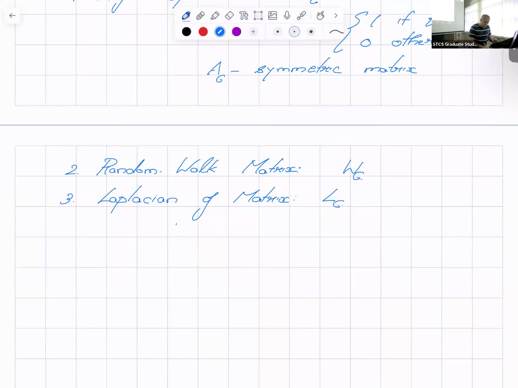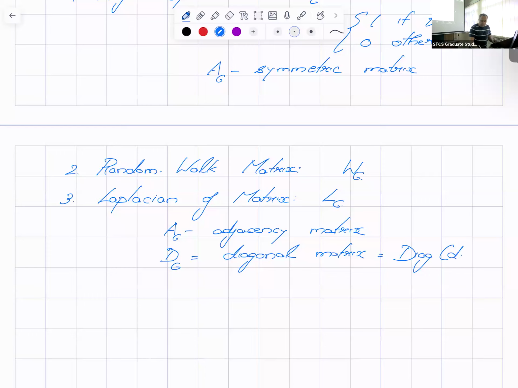So we have the A_G, which is the adjacency matrix. And then we're going to construct D_G, which is a diagonal matrix. This is just diag of the degrees.